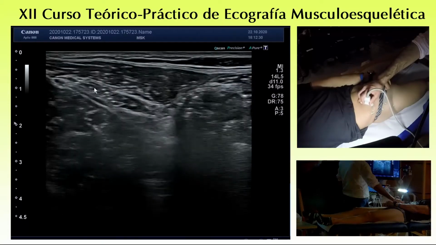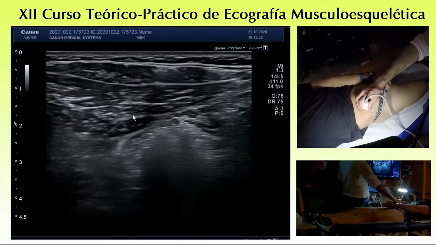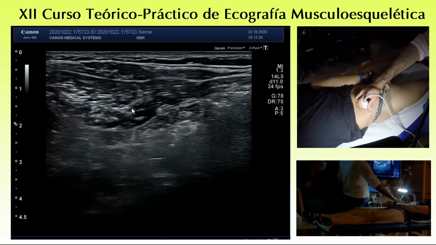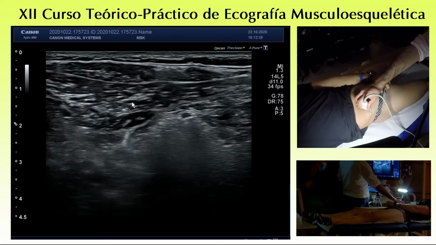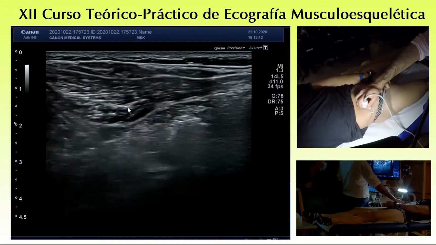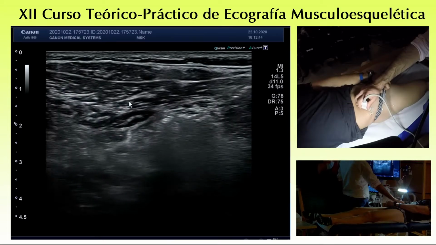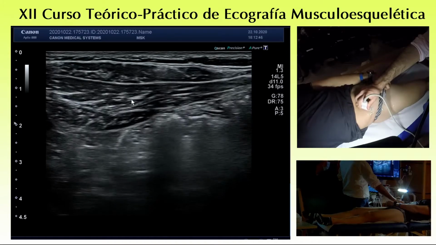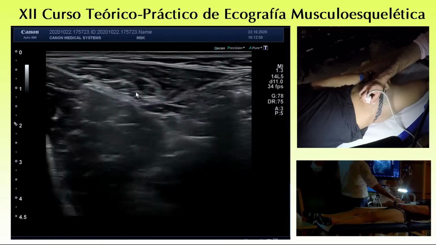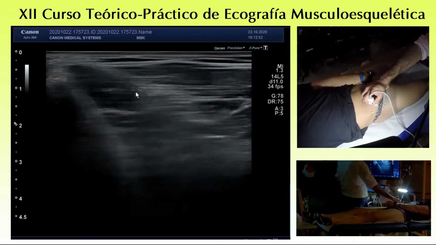Going backward, you see this small fascicle, probably related to the iliohypogastric, piercing the obliquus internus and moving superficially. This is what you can see about this nerve.